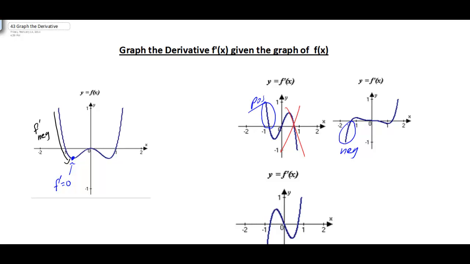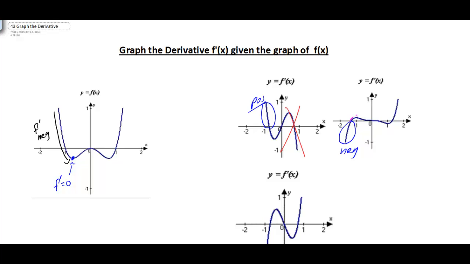Because this part of the graph is below the x-axis, our y value is negative, which tells us that over here, where the derivative is the slope, our slope is negative all the way along until we get to this blue dot. So the graph of the derivative must be below the x-axis until we get to this point. If we notice here, it's greater than negative 1, or maybe negative 1.3.